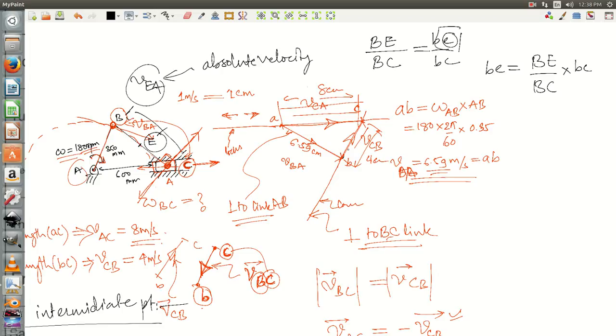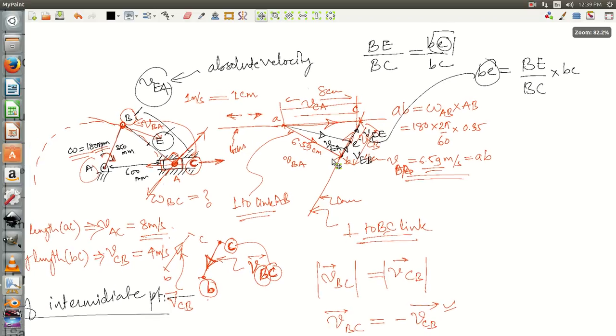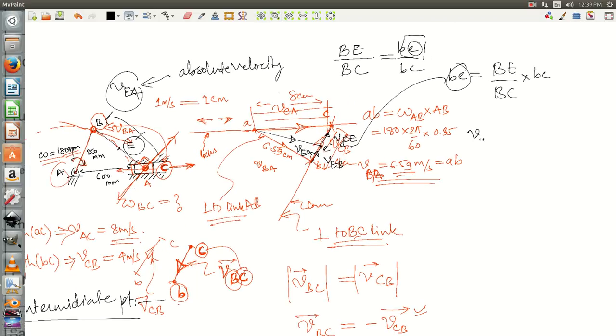By that it will be easy to locate the point e, and if we join the point e from a, this will be the velocity of E with respect to A. This will represent the velocity of E with respect to B, and this will represent the velocity of C with respect to E. So the velocity of E with respect to A is equal to the length of ae, which may be equal to something like 7 meters per second.